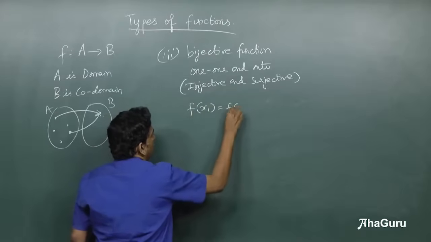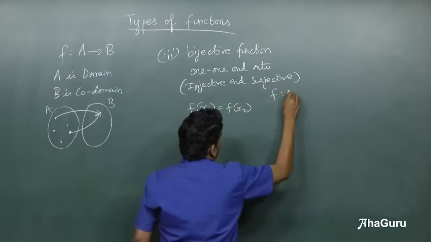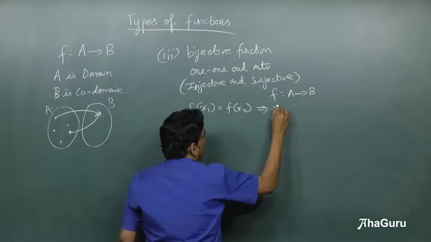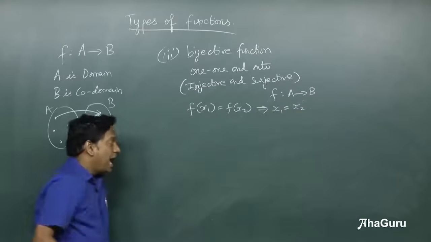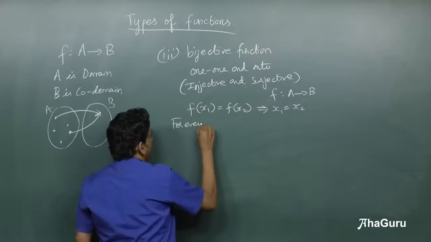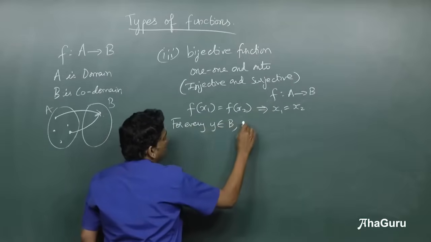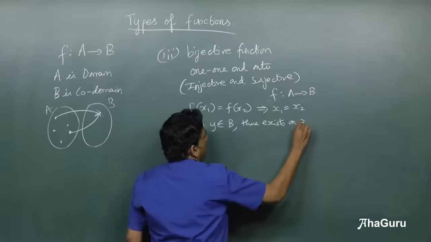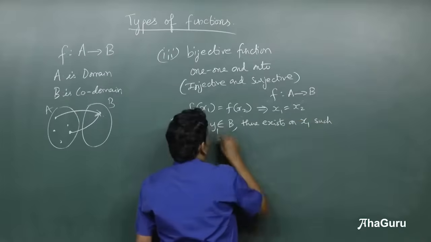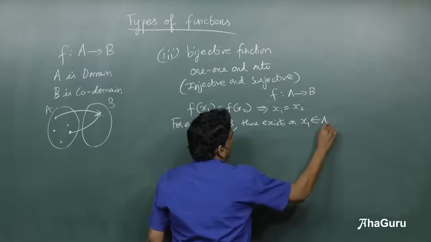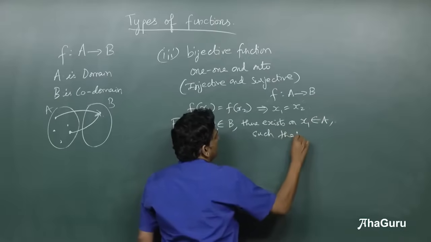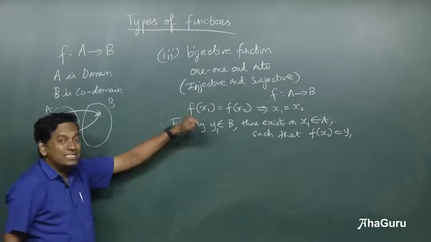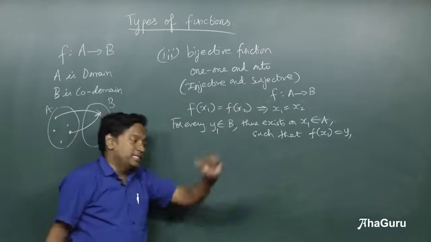Let's say f is a function from set A to set B. f of x1 equals f of x2 must imply x1 equals x2, and for every y1 belonging to B, there exists an x1 belonging to A such that f of x1 is equal to y1. If both these conditions are satisfied, then we say it's a bijective function.